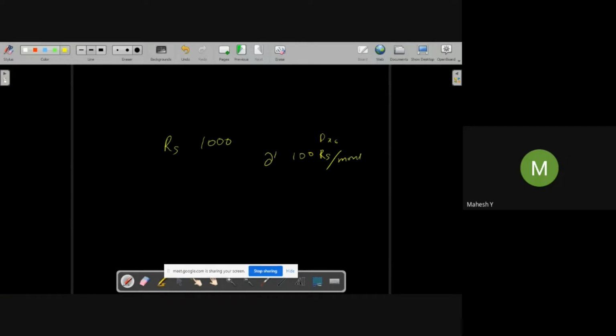That is my dou dx by dou x. What will be my amount after 4 months? Now I have 1000 rupees. I am depositing at a rate of 100 rupees per month. What will be the amount with me after 4 months? Can you answer this?